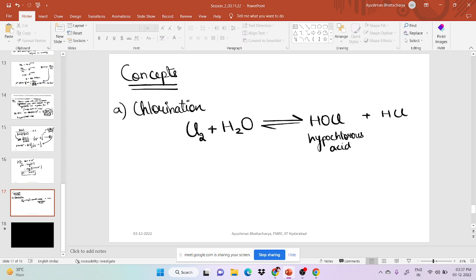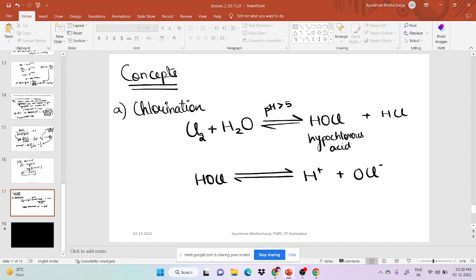Remember, this usually happens when pH is greater than 5. Now this HOCl will also get dissociated into H plus and OCl minus.